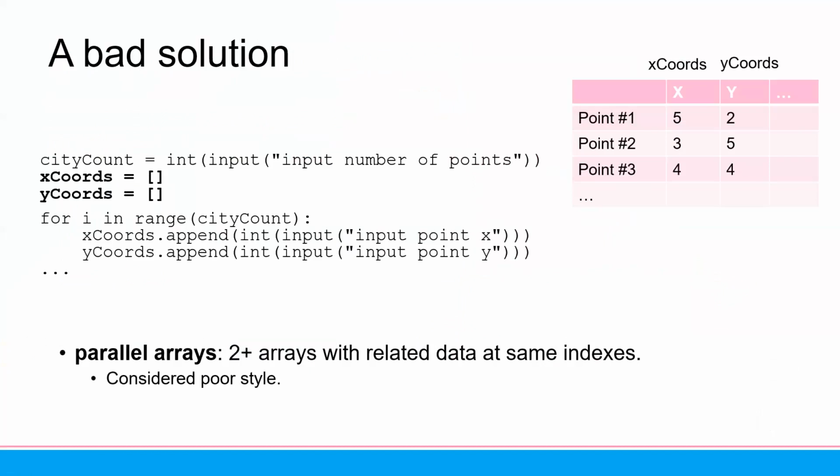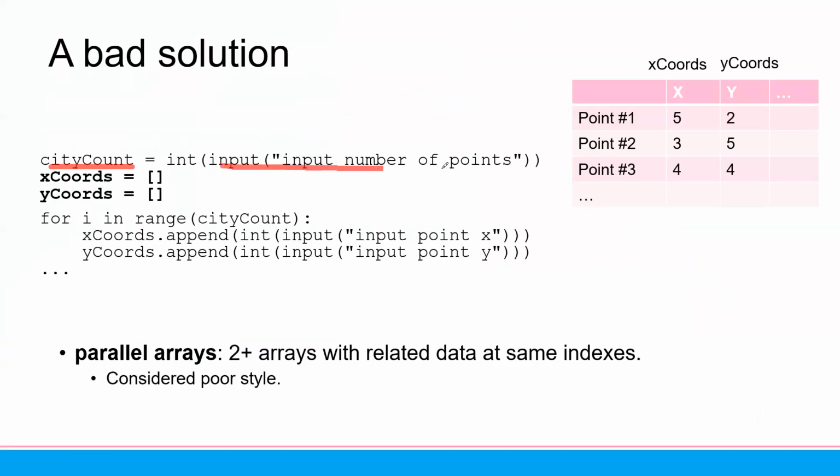Based on your experience with the multi-dimensional list, which we learned about in the last chapter, we can think about the coordinates. Let's say I want to know how many cities.